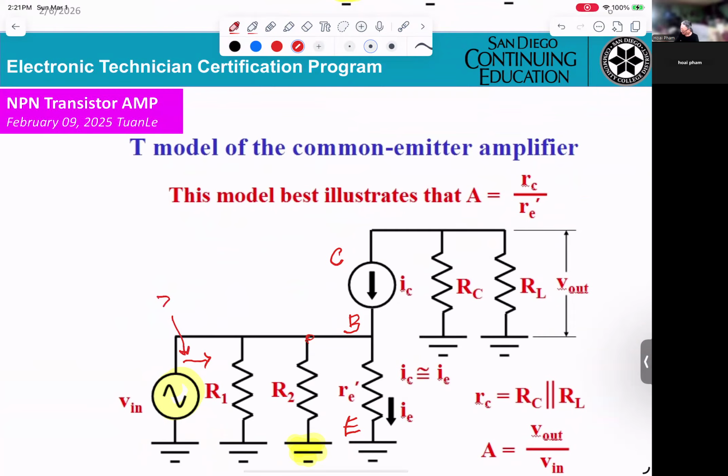That's what they call Zin, the input impedance. And at the output, if you're looking into the transistor, you get the output impedance, Zout. Okay?